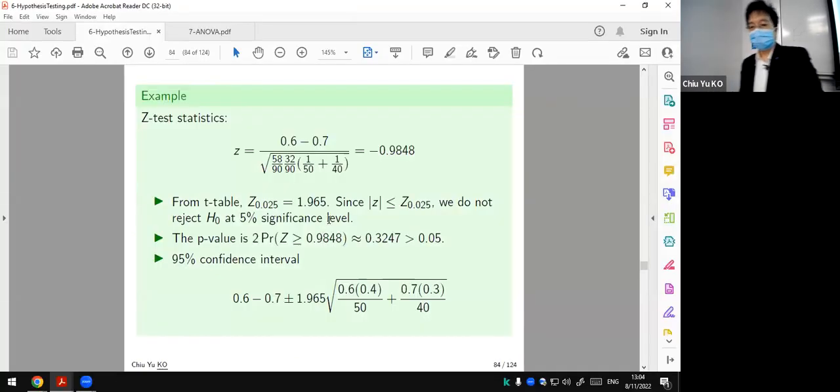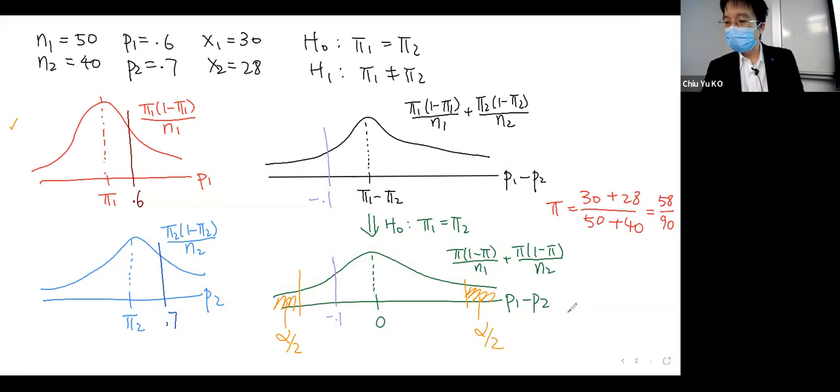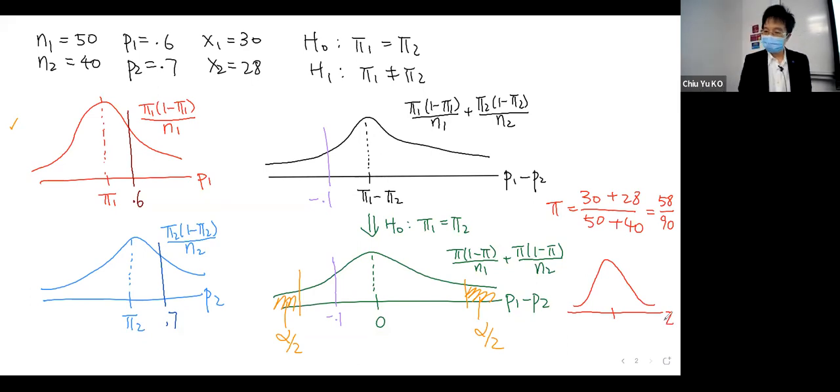Here what we're going to do is look at the Z score. As I said, you still think of this as a normal, so it's a normal, just look at the Z. This is 0.